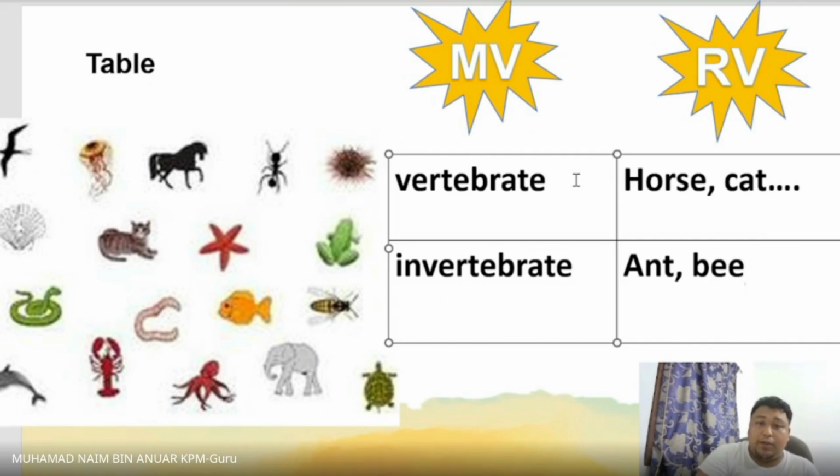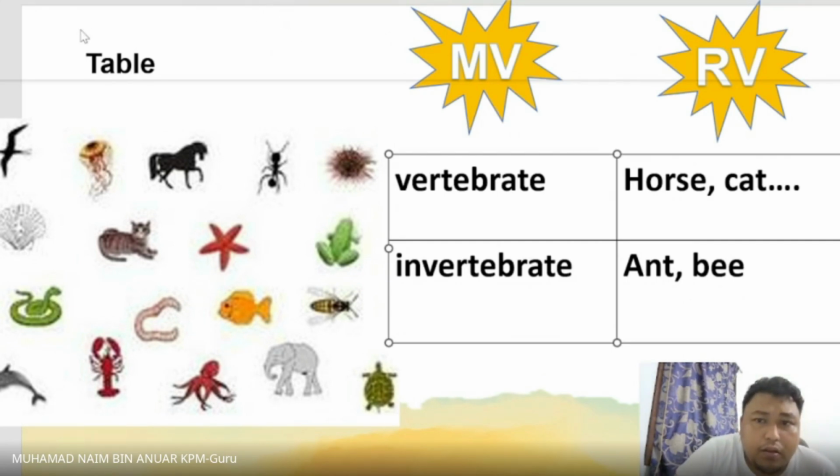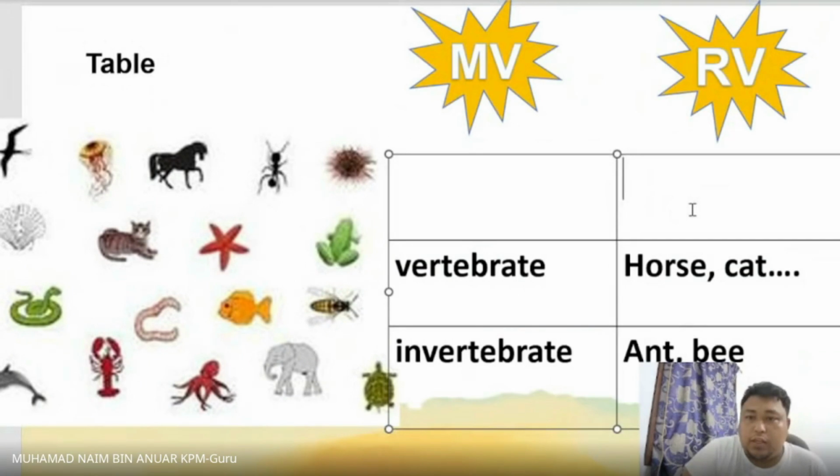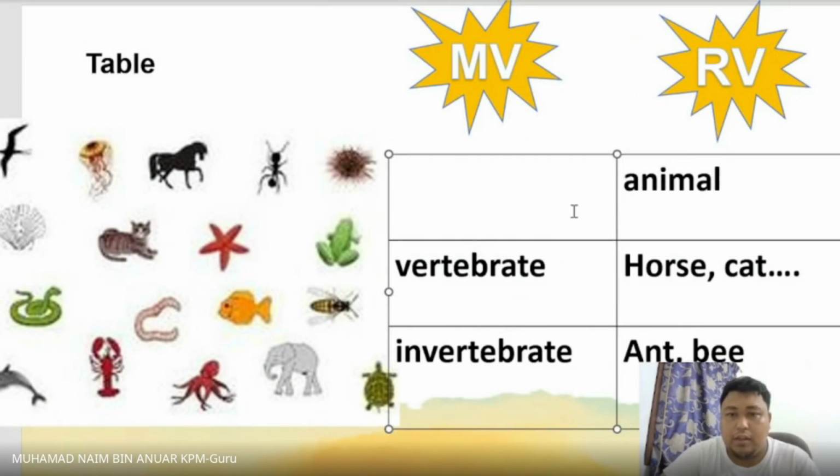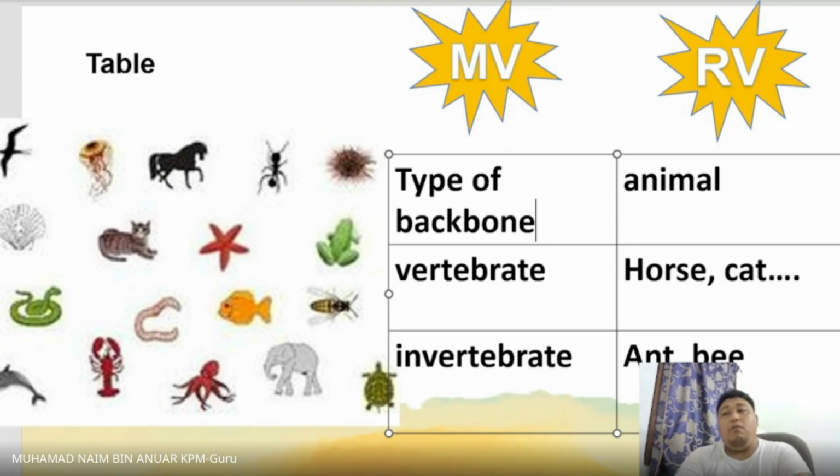So we need to have one header here. Okay, so this thing is animal, we know already, and this thing is type of backbone, or family or species or so on. So this is how you do the table. Okay, remember, left side is MV, right side is RV.